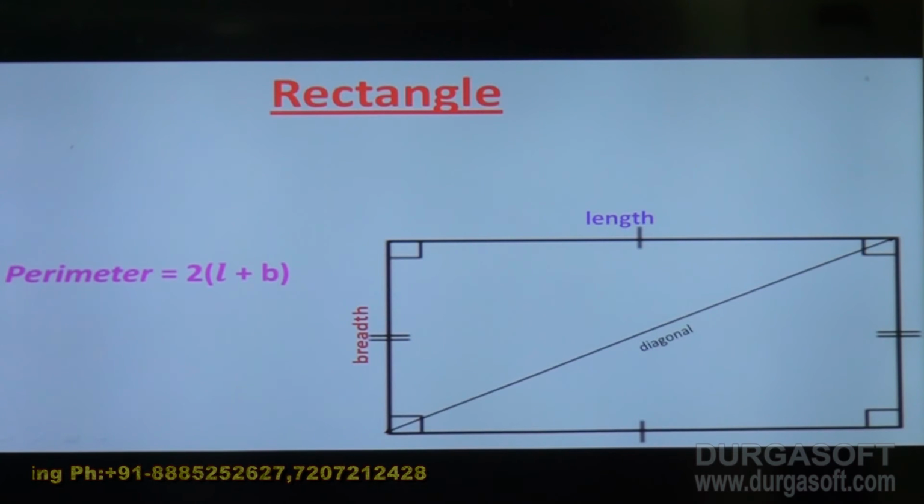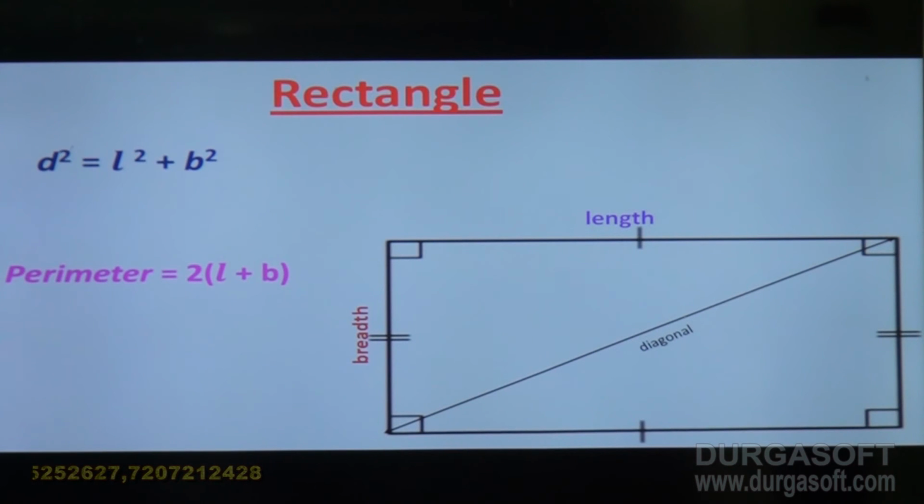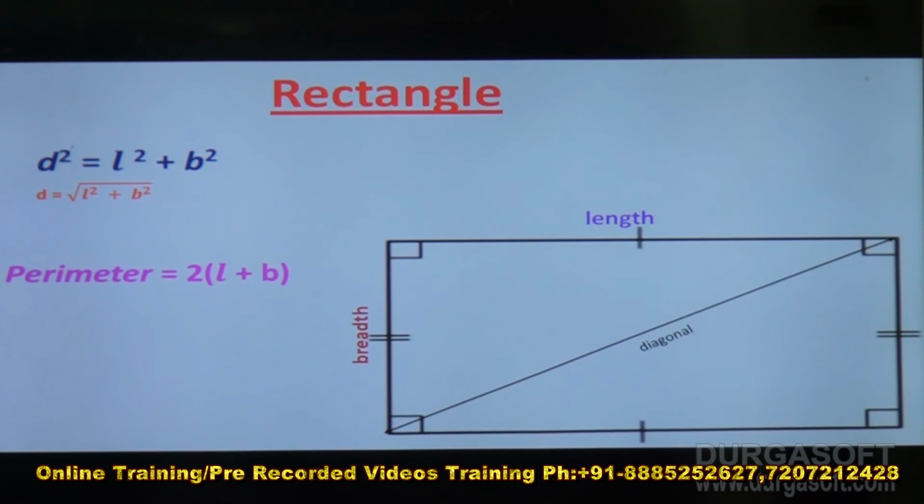So if we talk about the rectangle, perimeter is equal to 2 into length plus breadth, and the diagonal will be L square plus B square, that can also be written as d is equal to under root L square plus B square.